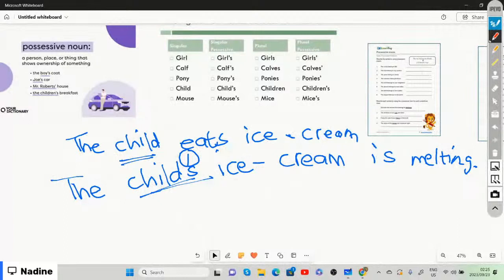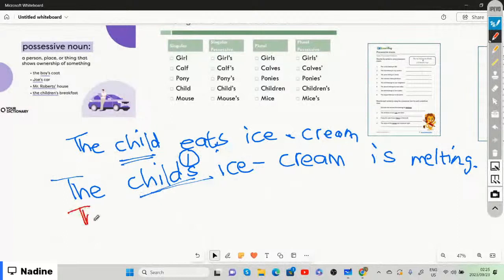Children. Let's say the children. I'm thinking of a sentence. Children.